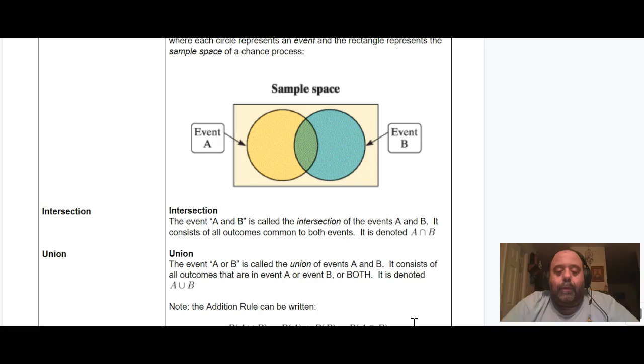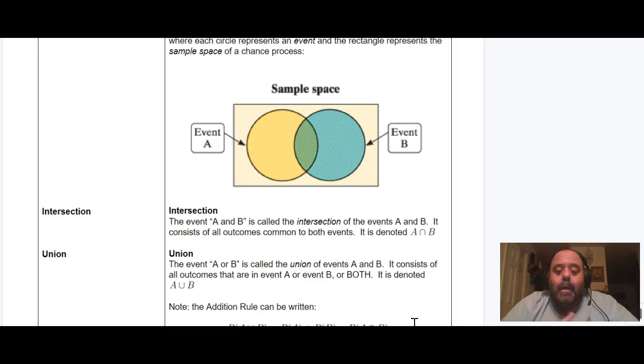Union is different. Union is when you're in one of the groups or both at the same time. If you're in A or B, you could be in A, you could be in B, or you could be in both A and B. That's a little different from the way the English language deals with this, but in math we let you be in the intersection and still in the union at the same time. So union means I'm in A, I'm in B, or I'm in both.